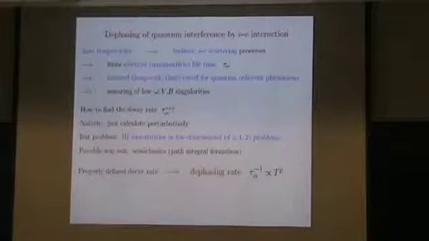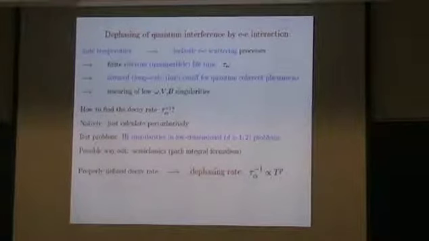Naively, you could say, why don't we just calculate it by the golden rule? But it turns out that when you naively calculate it by the golden rule, you encounter infrared divergences in low dimensions, and so one should take care of these infrared divergences.